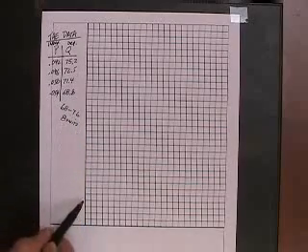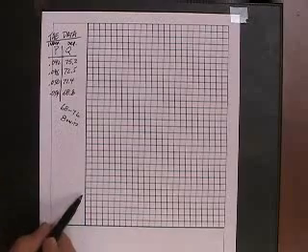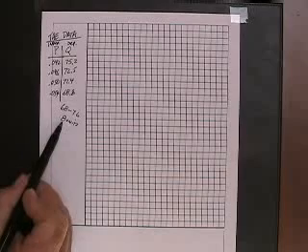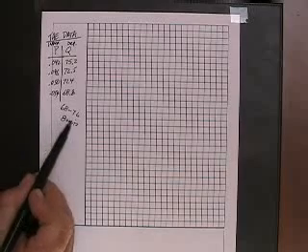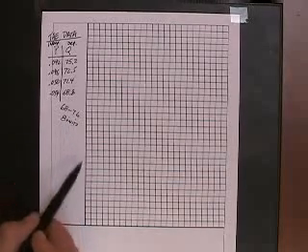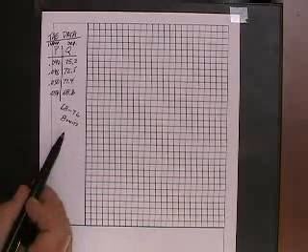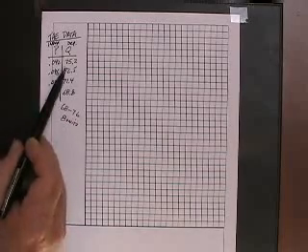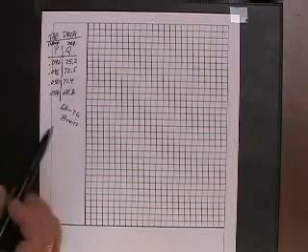Remember that you've got to make a linear scale. So if you decide that 4 squares is going to be 1 unit, then it's got to be 4 squares for 1 unit all the way up the piece of paper. You can't change them just to make it easy to plot these points.